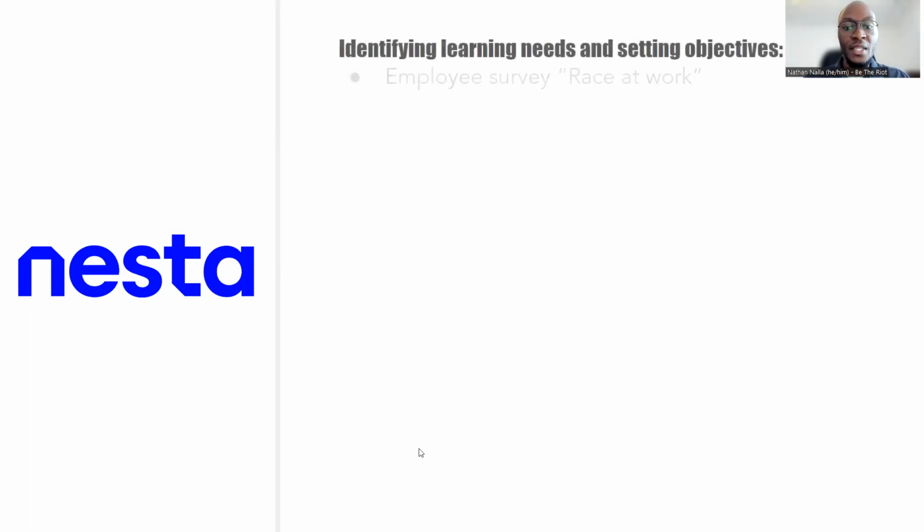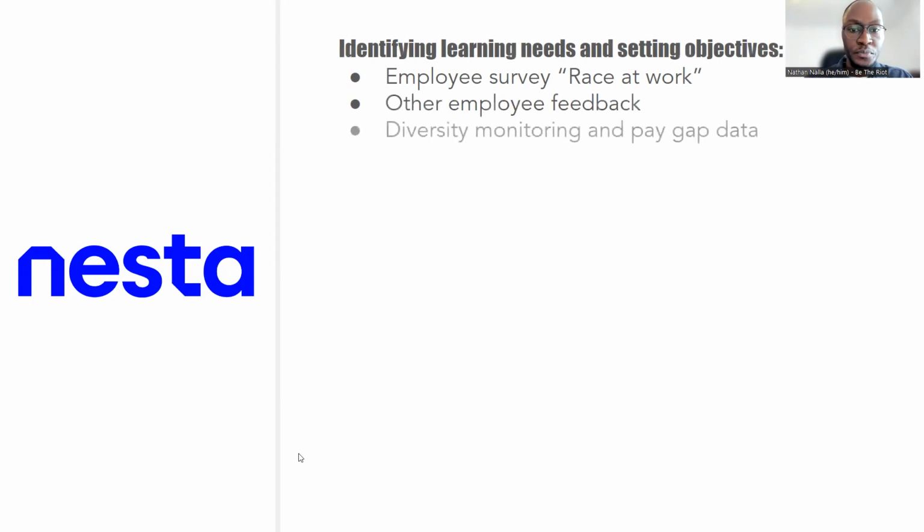And Be the Riot worked with Nesta to develop and deliver the beginnings of their EDI learning program. So one of the first steps Nesta took was rolling out a race in the workplace survey for all employees. The decision was made to focus on race and ethnicity as this had been highlighted as a priority area within their EDI strategy based on employee feedback, organizational demographics, and ethnicity pay gap reporting as well.